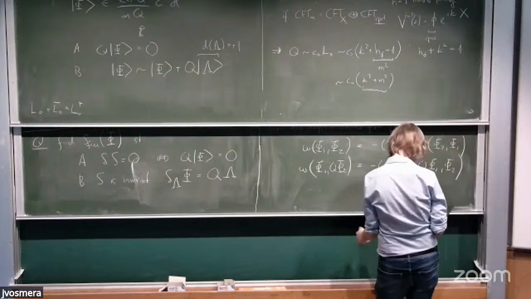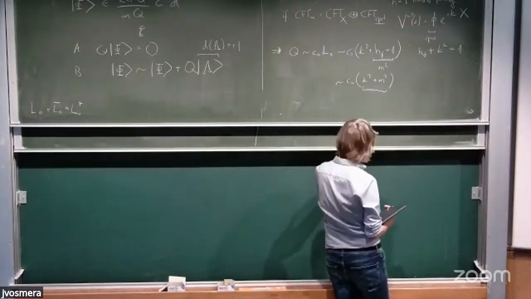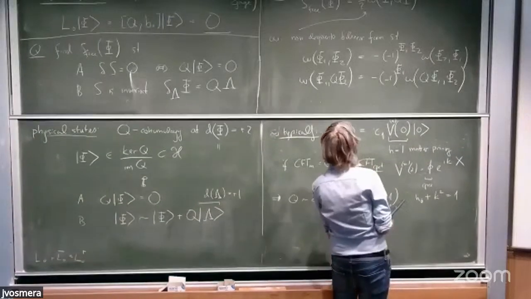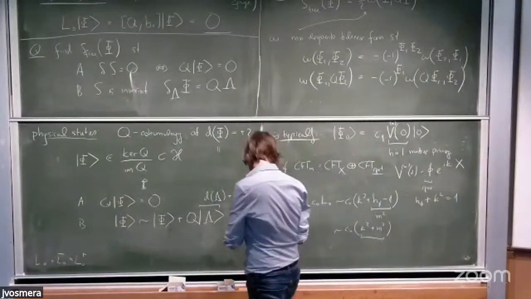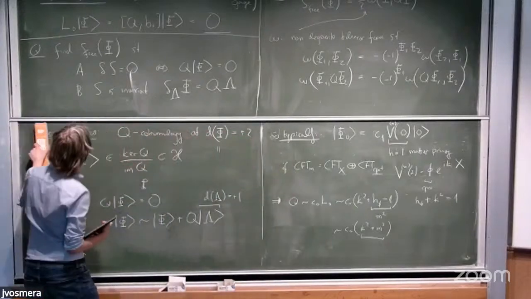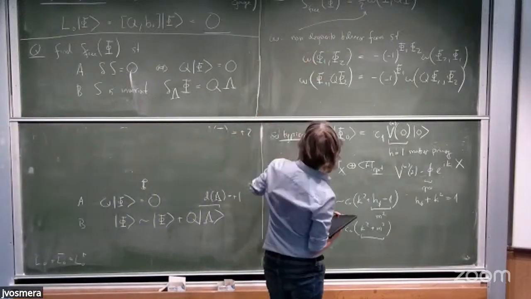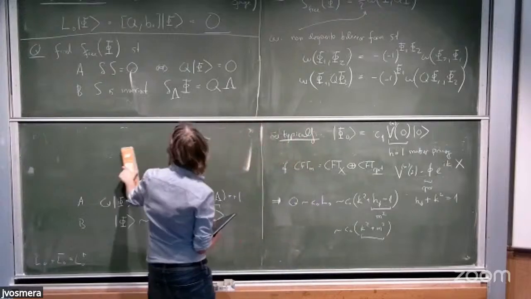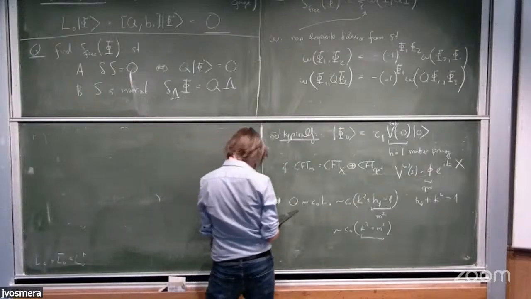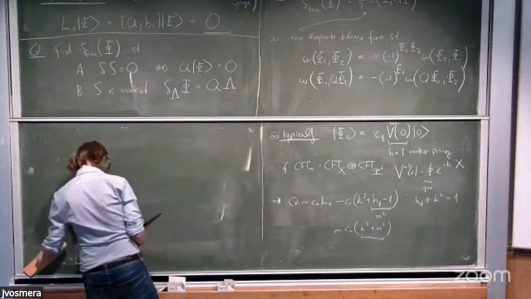So now, given these algebraic properties, we can show that they are enough to show that this action which I wrote down on top of the board has these two properties. So let me just very quickly do that so that we can see that in detail.